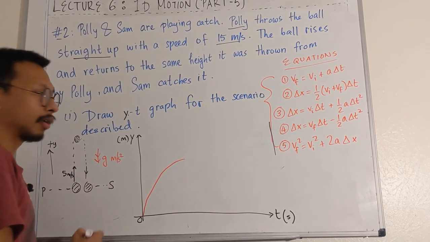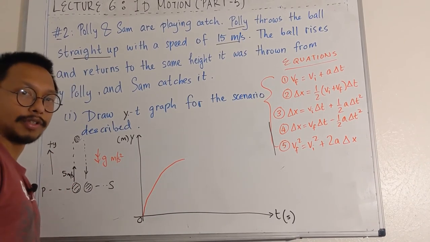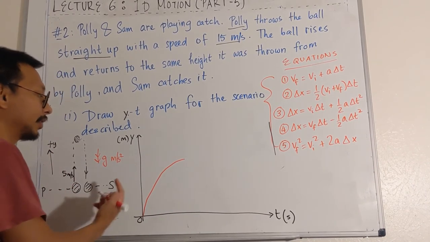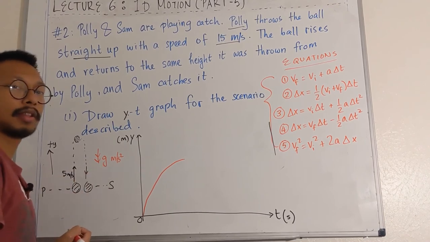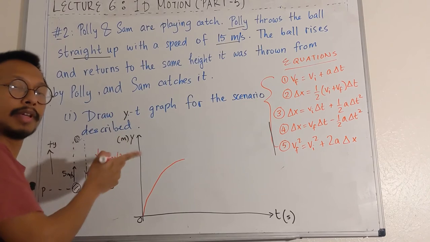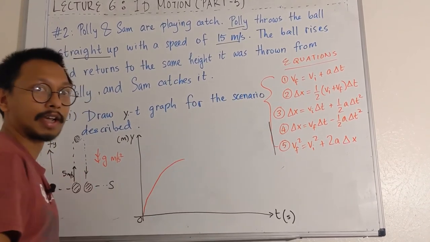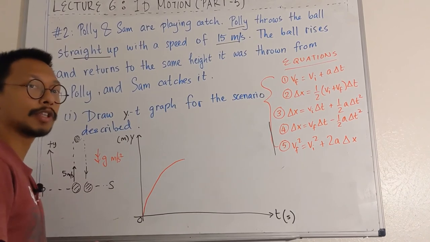Because if you remember, the gradient of a position time graph is velocity, and since gravity is making the ball accelerate downward, the velocity as it's going up is actually decreasing. So the gradient of this curve is flattening out. And why is this a curve in the first place?